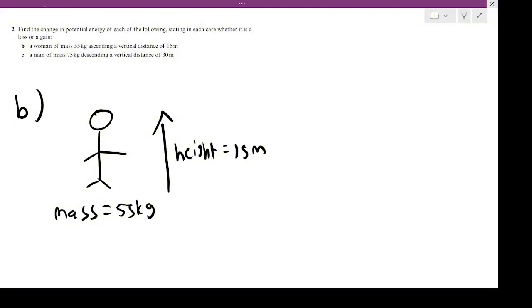So the change in the gravitational potential energy, or I'm going to shorten it to GPE. Again, the formula is mgh: mass times g, which is 9.8, times h, the height.